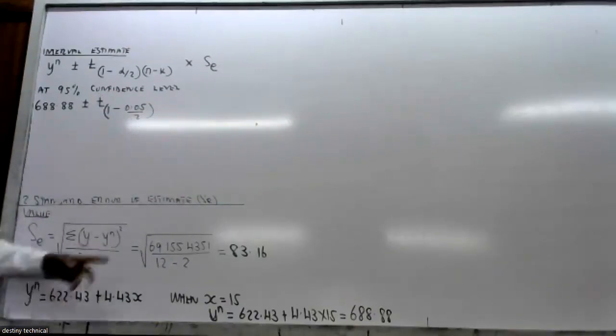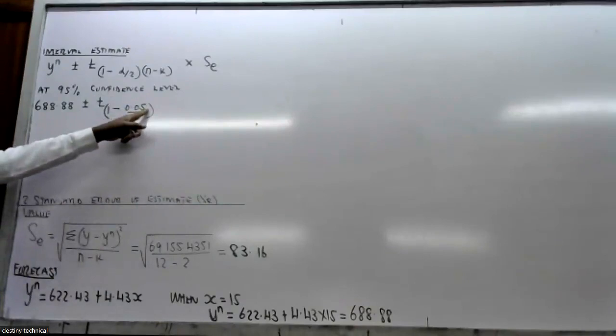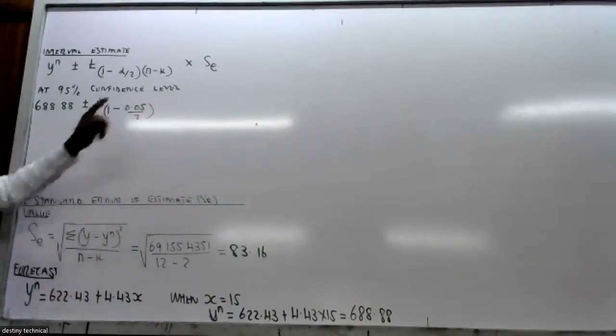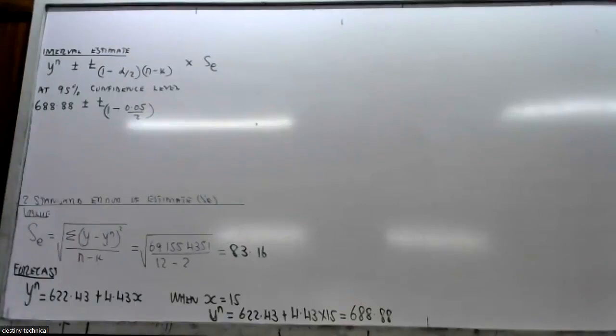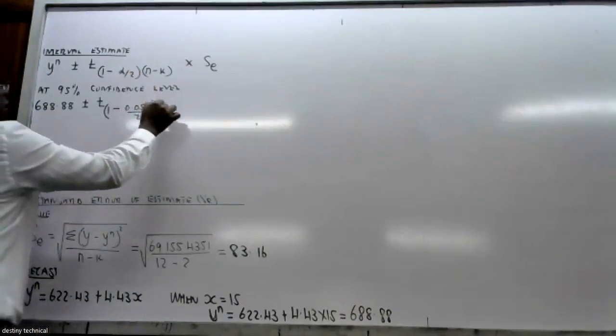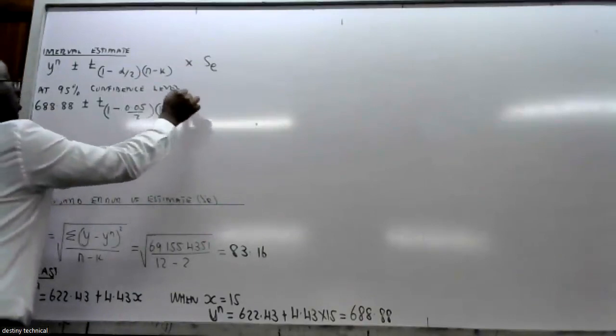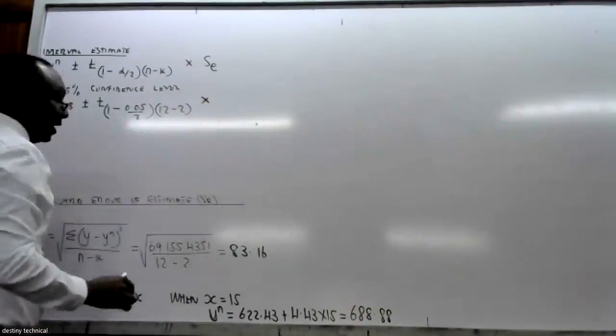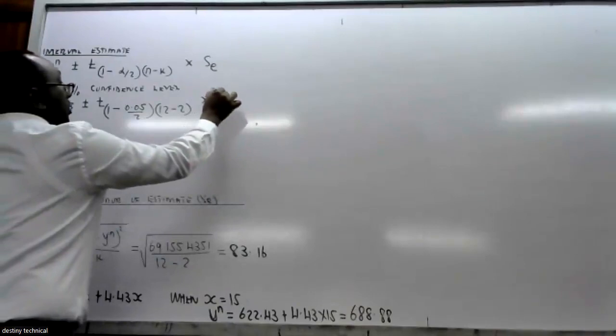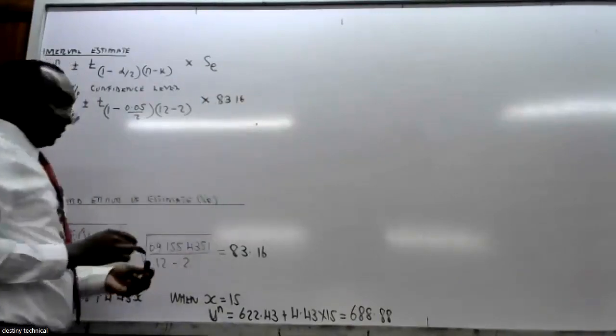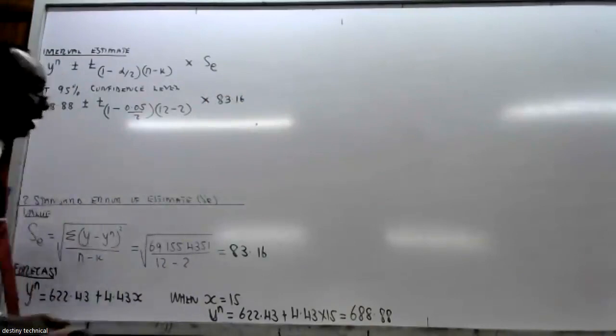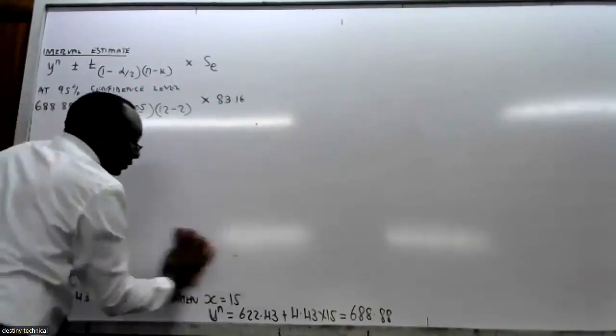Now, just to remind you, this alpha is what remains for the confidence level to be 100%. So when you're told 95%, then we have 0.05. Then we have 12 minus 2. You multiply by the standard error of estimate, which was 83.16.